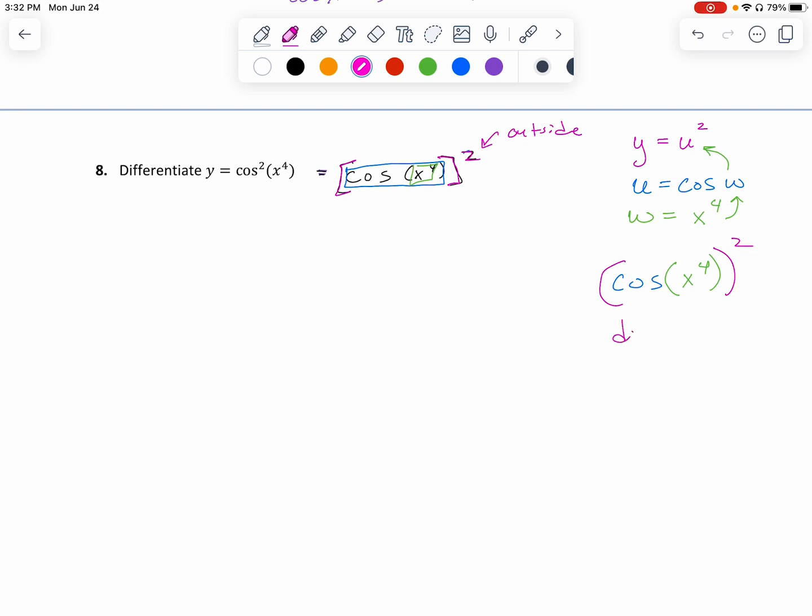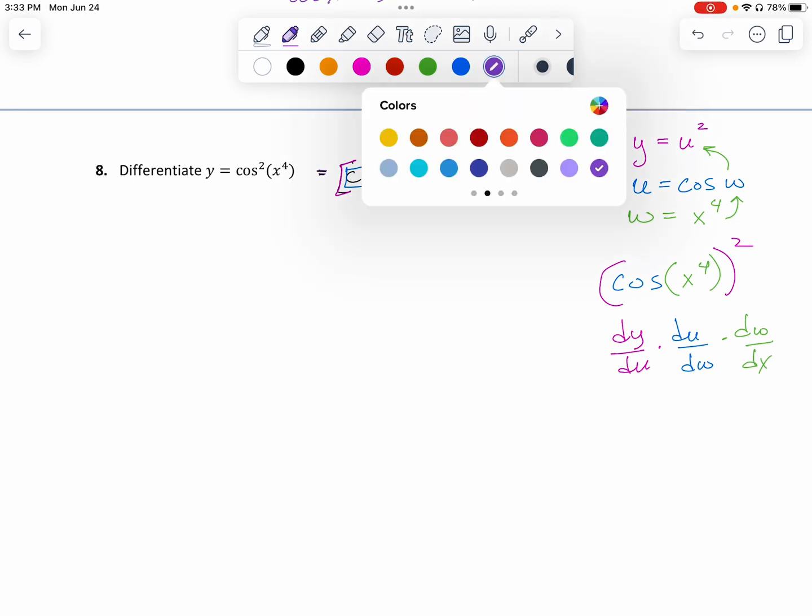So it's going to look something like dy in terms of u times du in terms of w times dw in terms of x. So really we have chain rule twice. So how does this look? Let's do purple. Okay.